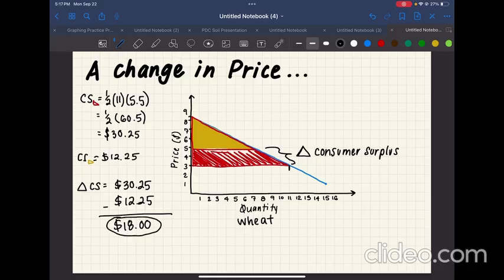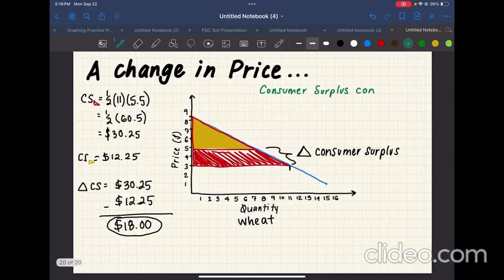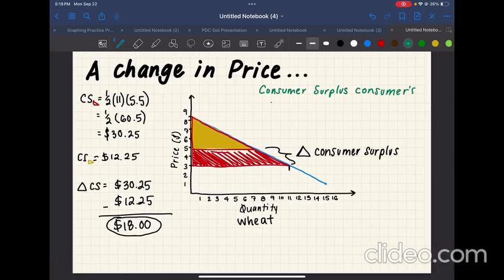And if we were economists or policymakers, we would be really interested in what this difference in consumer surplus means, because consumer surplus is really a measure of the consumers as a whole market, the consumers' economic welfare.